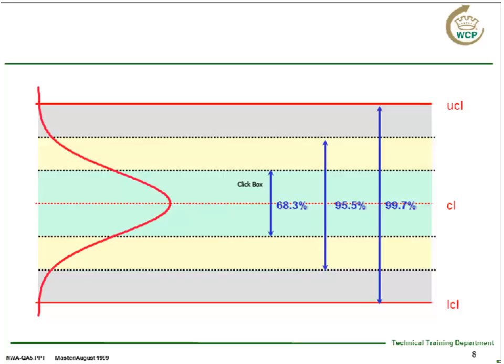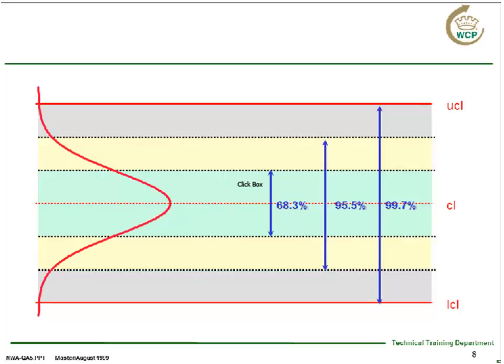Finally, the gray zones represent 3 standard deviations as marked in blue lettering, and these are the upper control limit and lower control limit values. As marked on the graph, 99.7% of all data in a normal distribution will be within this plus or minus 3 standard deviations from the mean. The mean of the data is the center line.